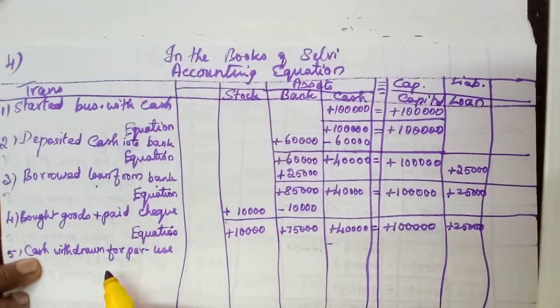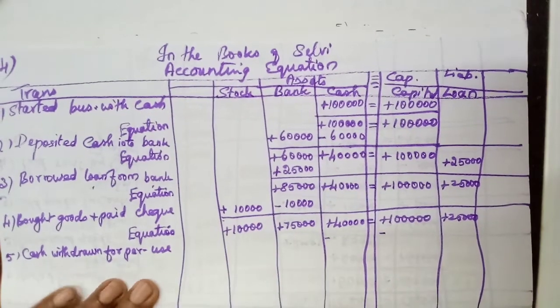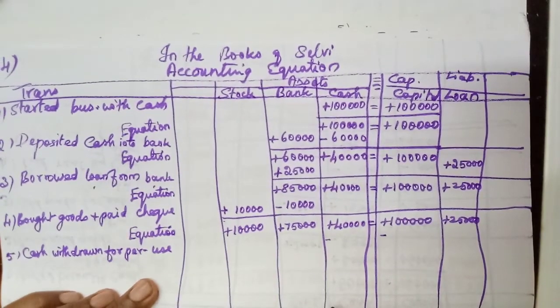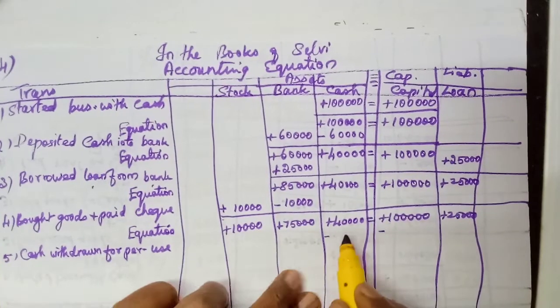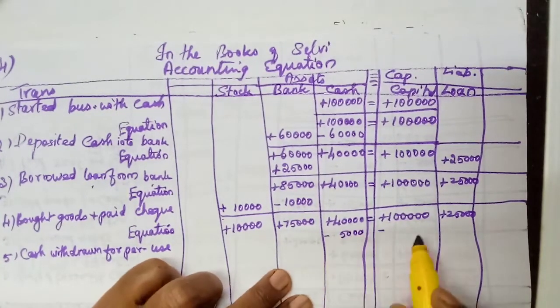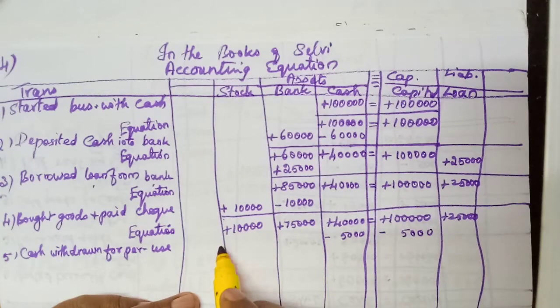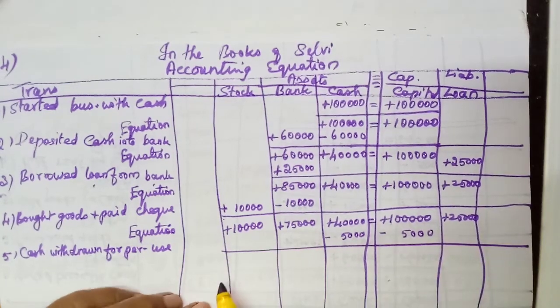And if the owner often withdraws money from his business, it will reduce his capital. So there also you write minus. What is the amount? How much has he withdrawn? 5,000. So just below 0 you write 5, this fourth digit. Then it will be easy for you to add and subtract.